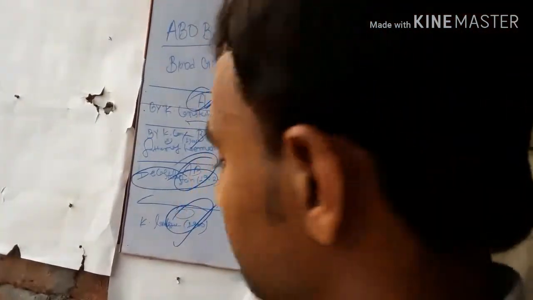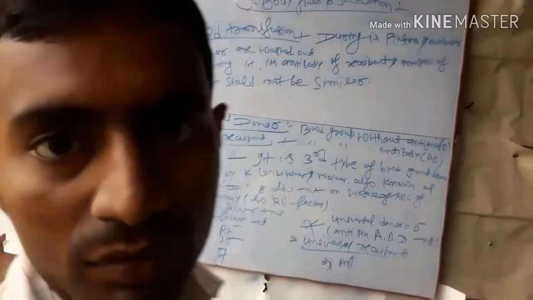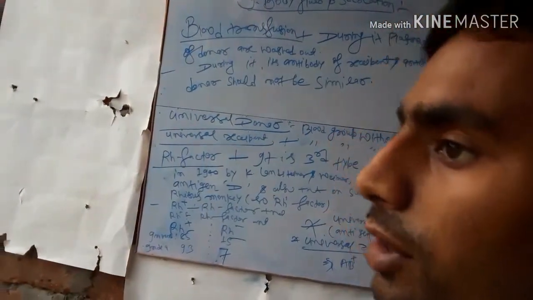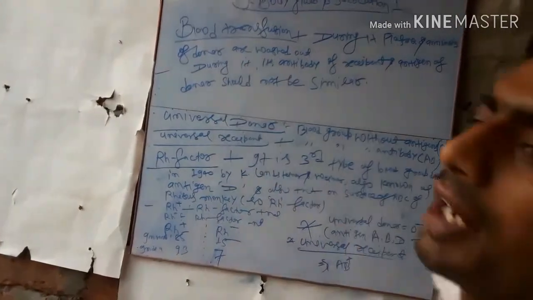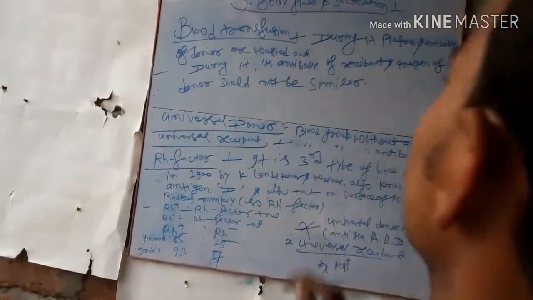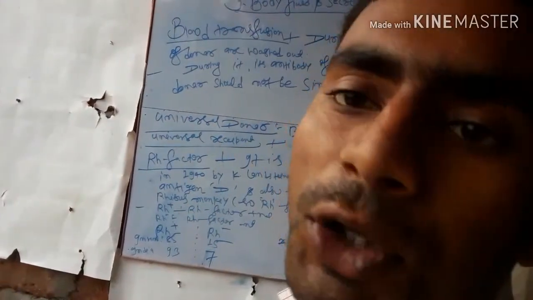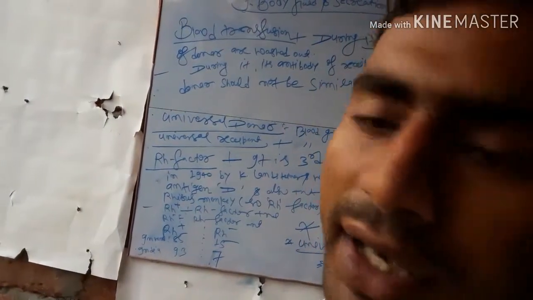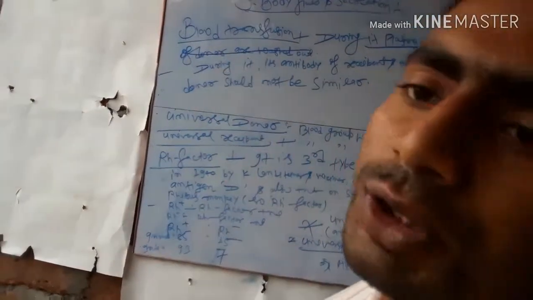Now, how does blood transfusion happen? At the time of blood transfusion, the plasma and antibodies of the donor are washed out.